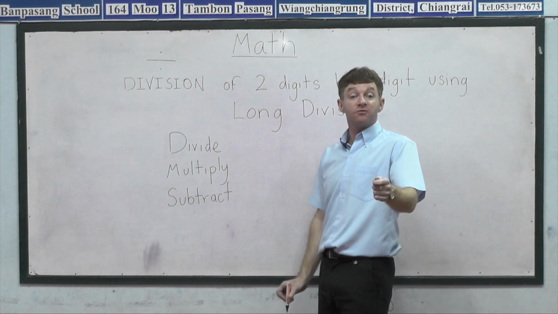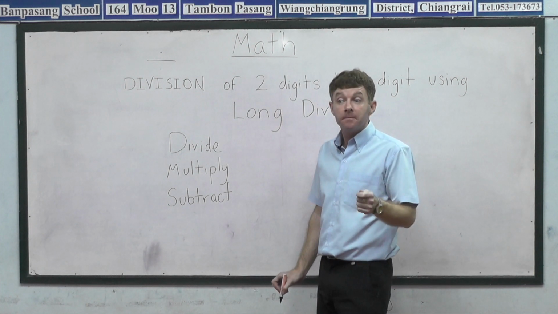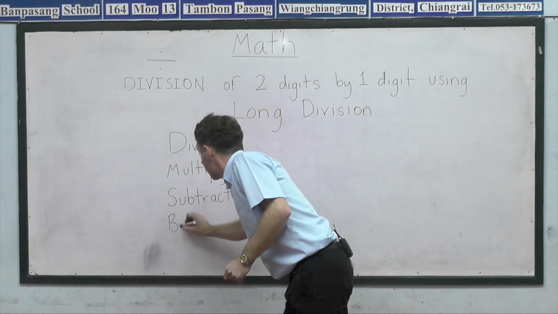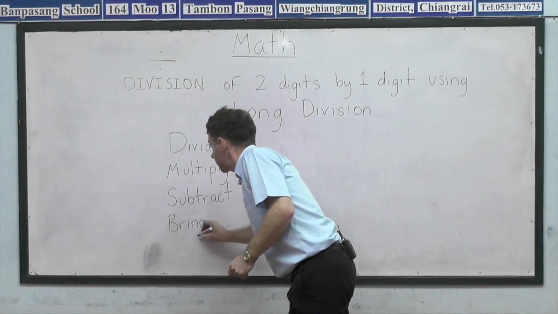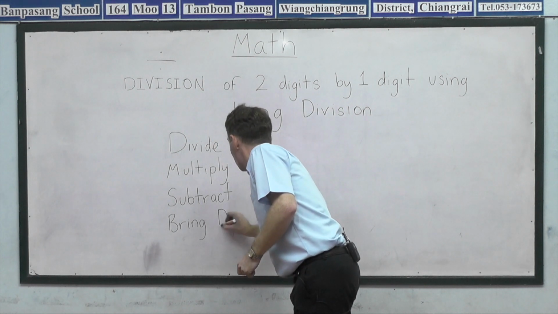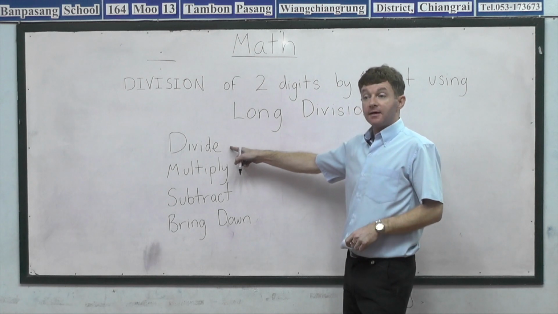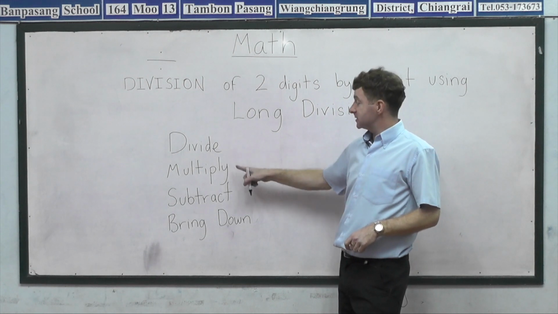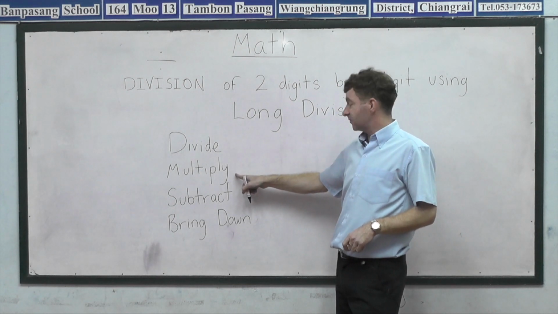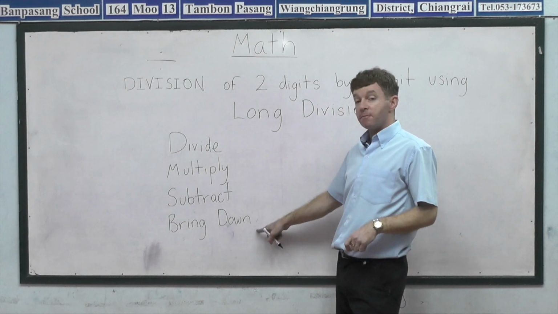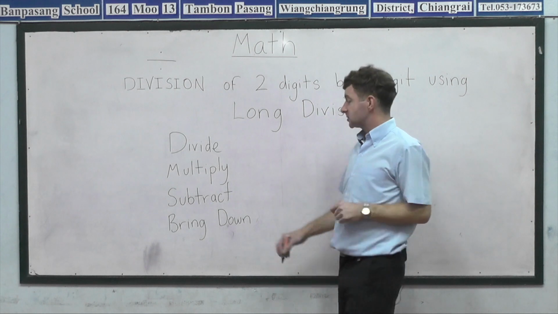And then the final step, B, bring down. Excellent. B-R-I-N-G. D-O-W-N. Step 1, divide. Step 2, multiply. Step 3, subtract. Step 4, bring down. Excellent.